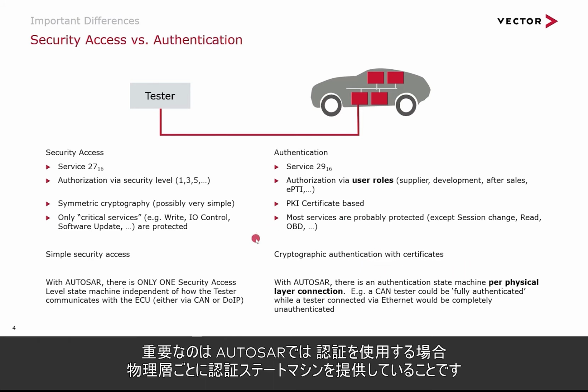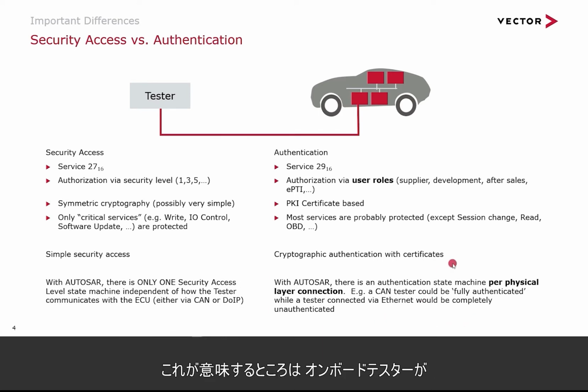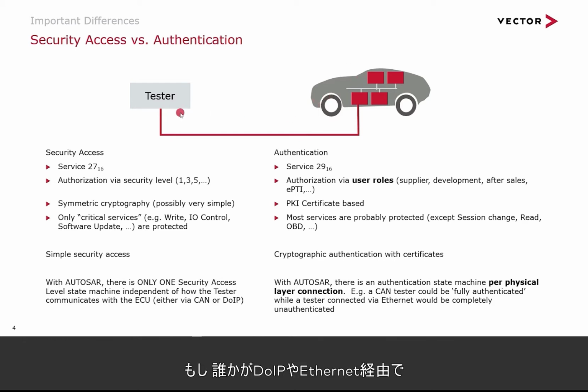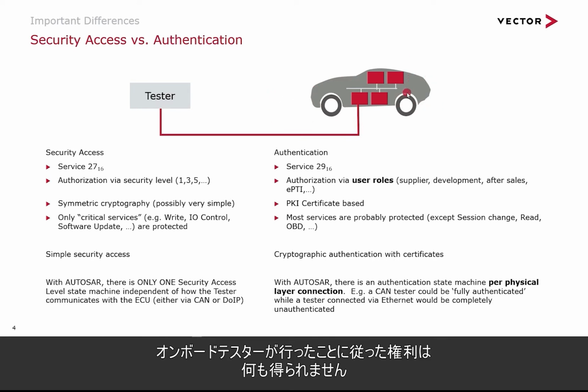And importantly, AUTOSAR, if we use authentication, gives us an authentication state machine per physical layer. So what this means is that my onboard tester, which maybe is connected using CAN to an ECU and is doing things with that ECU, if somebody also tries to connect via DOIP, via Ethernet to that ECU and do things, they don't get any rights according to what my onboard tester has done.